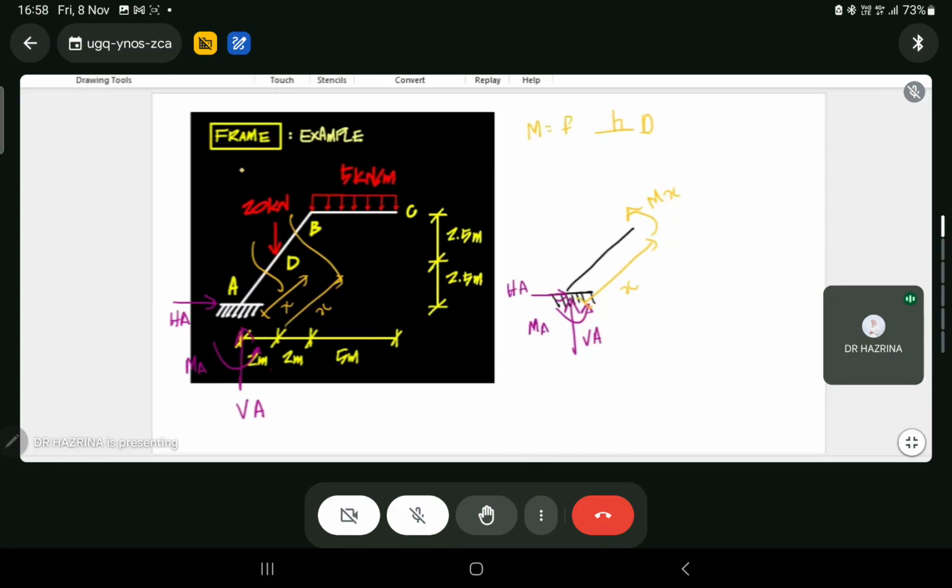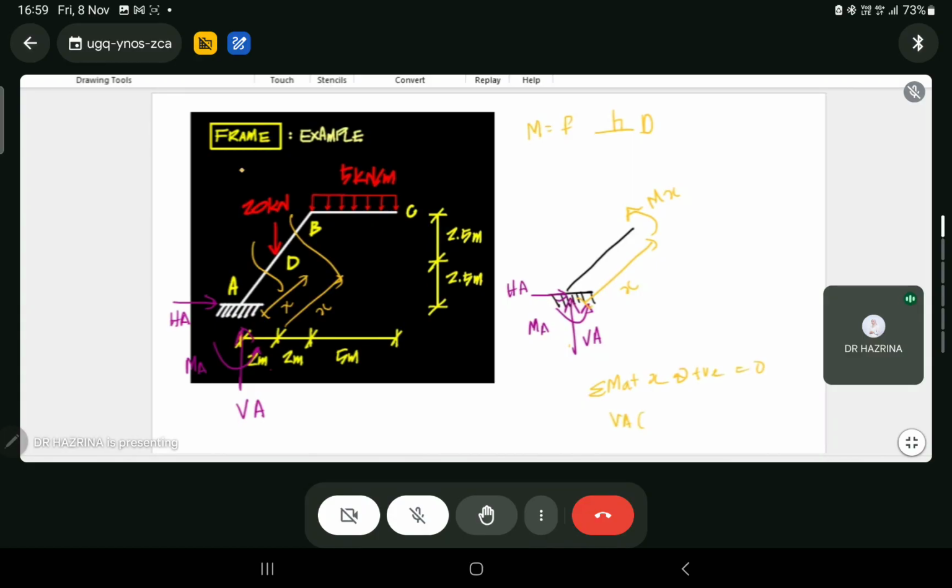So bila MX sekarang ni, none of your loading VA dengan HA, none of your loading adalah perpendicular dengan you punya distance X. So kalau you buat, kalau dalam solution ni you buat VA darab X, salah. Sebab VA dia bukan dekat 90 degrees angle of your X. So kalau you buat submission moment at X clockwise positive equals to 0.